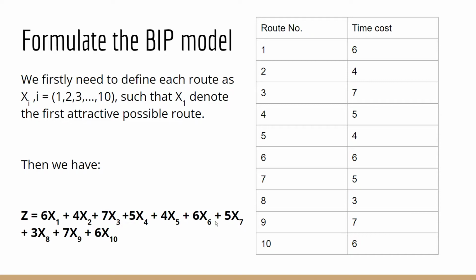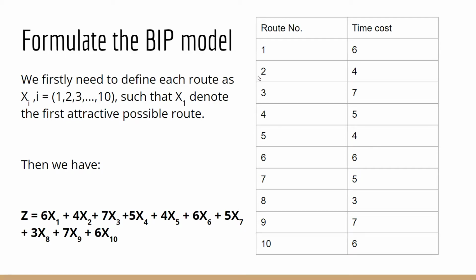First, we need to formulate the BIP model. We define each route as xi, where i equals 1 through 10, such that xi denotes whether we pick that route or not. For example, if we pick route number one, x1 will be 1, so the time cost will be 1 times 6, which is 6 hours.